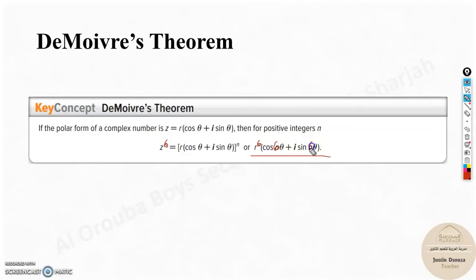That is what it means. See, that's it. So this is how we can easily solve it. If you remember this, it is very, very easy. So remember the second formula, radius will be raised to the power n, whereas the angles will be multiplied by the n.